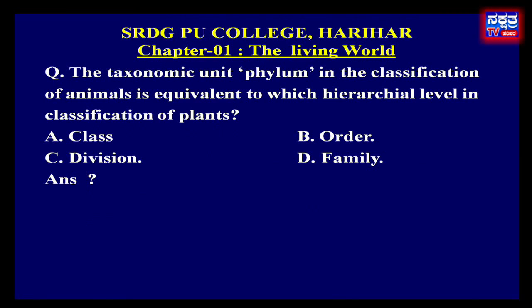Next question: the taxonomic unit phylum in the classification of animals is equivalent to which hierarchical level in the classification of plants? The given options are A, class, B, order, C, division, D, family.